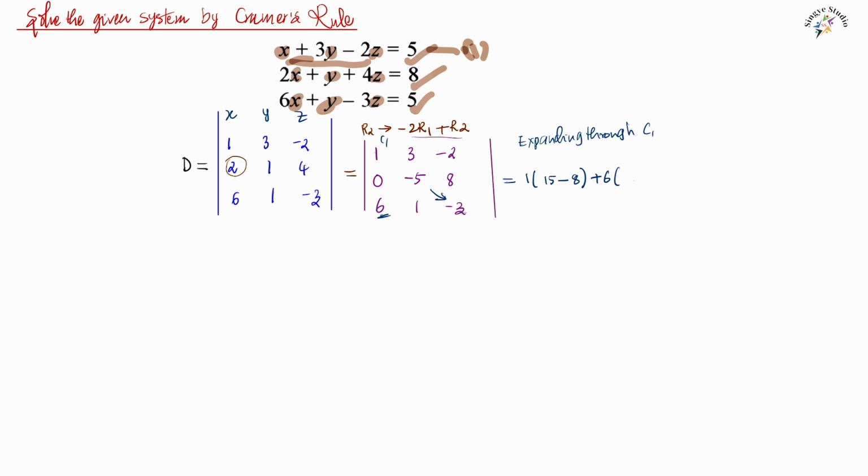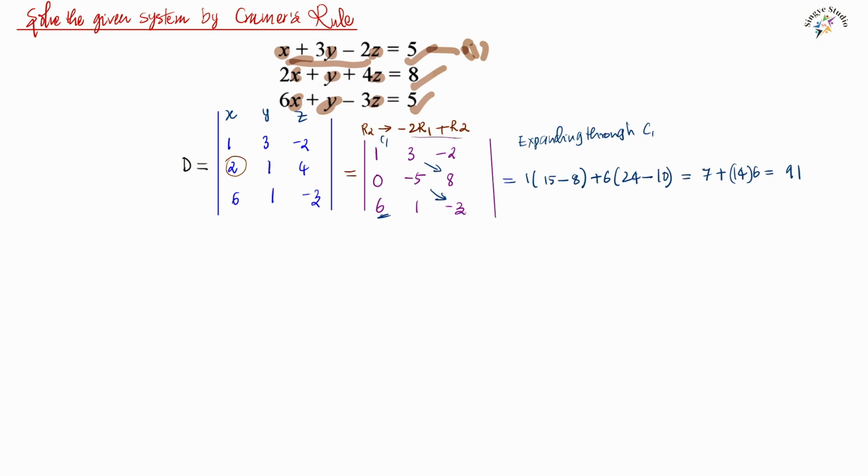Now our minors are here. 3 times 8 is 24, then minus of 5 times 2 is +10, so it is 10, and our determinant value will be 7 plus 24 minus 10 is 14 times 6 equals to 91, okay? So our determinant value is 91.